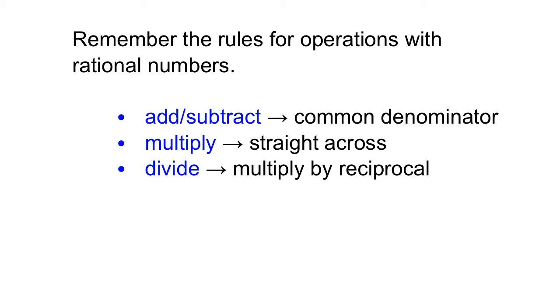So just remember the rules for these operations. When you're adding and subtracting, you need to have a common denominator. When you're multiplying, you multiply straight across. Numerator times numerator, and denominator times denominator. When you're dividing, just remember, you can just multiply by the reciprocal. The reciprocal is just when you switch the numerator and the denominator.